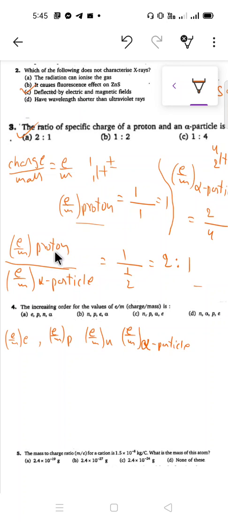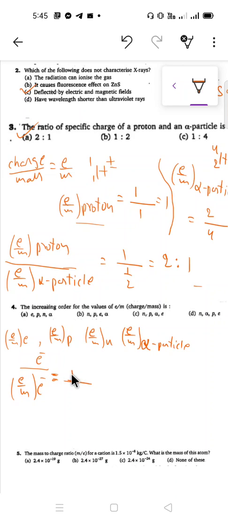The E by M value for proton is 1, alpha particle E by M value is equal to 1 by 2. So next we have to calculate E by M value for electron and neutron. E by M value for electron is equal to charge of electron, which is -1.